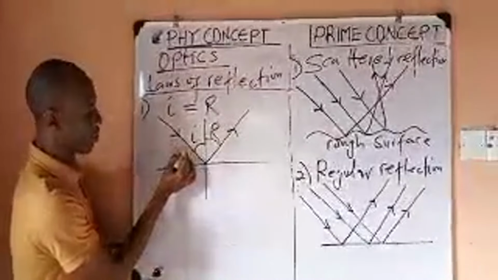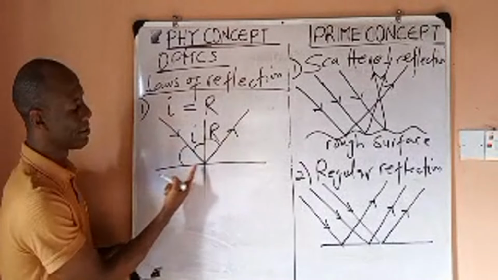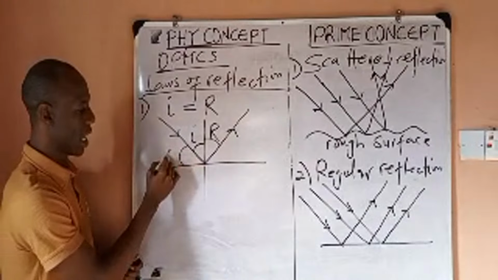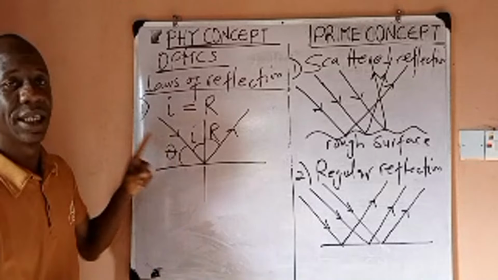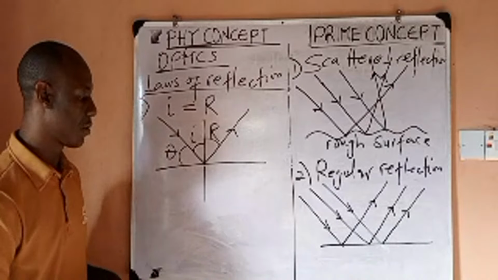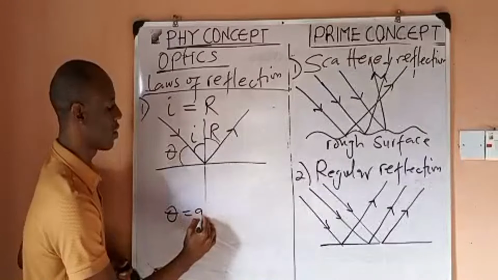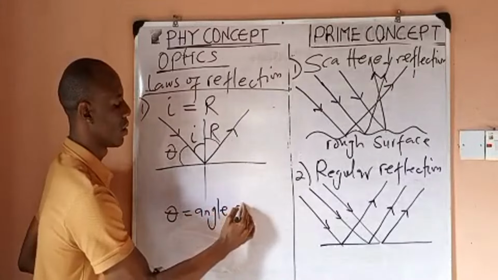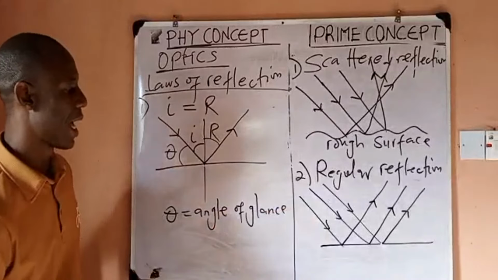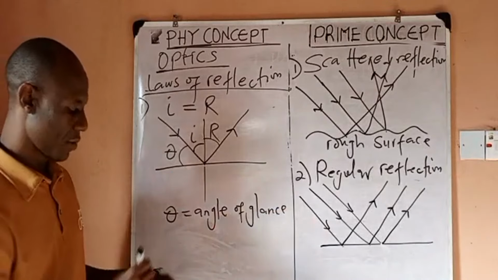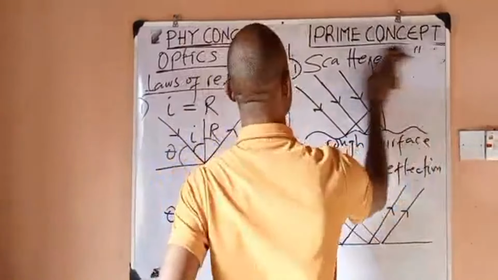The angle that the incident ray makes with the surface, I'll call it theta. Theta is called the angle of glance, or glancing angle.